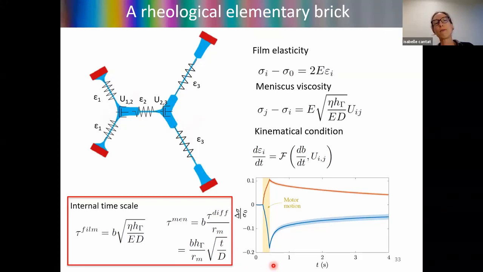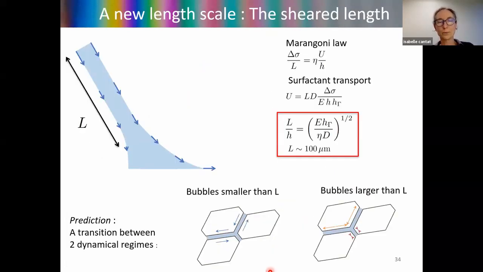So that's for my 5-film assembly, but obviously a 5-film assembly is not the most exciting system in the world. What I would like to do is something relevant for a foam sample. So can we upscale this result to the scale of the foam?